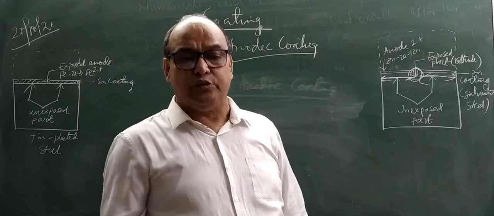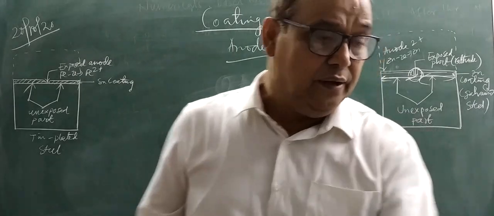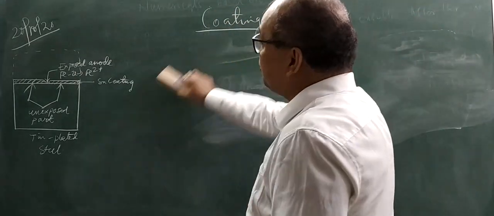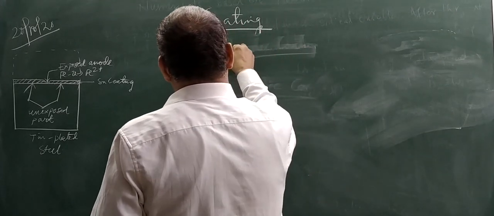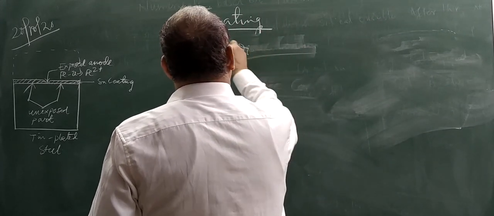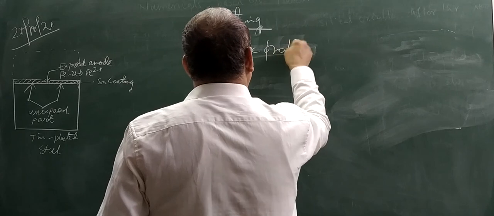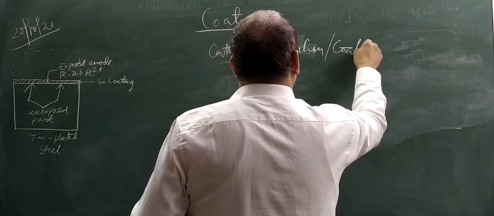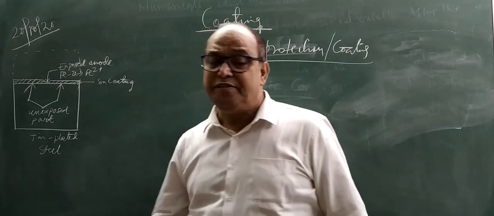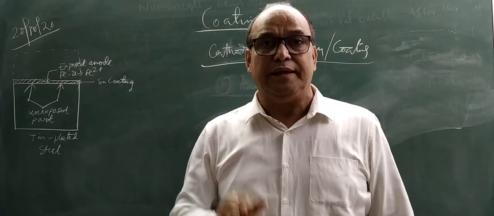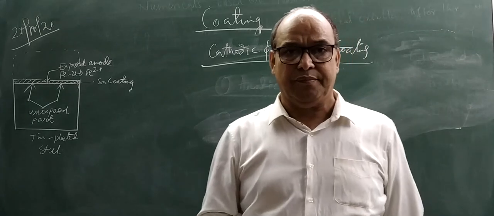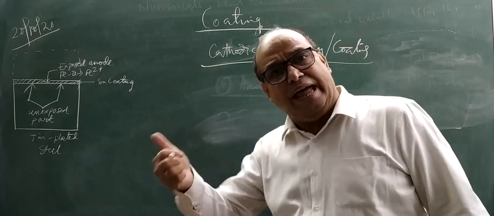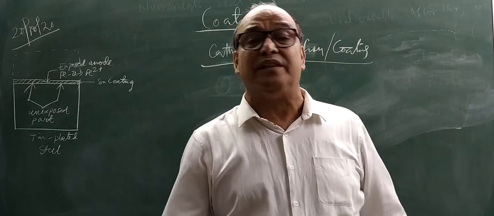Now we'll be talking about cathodic protection. Here the principle is just opposite. Cathodic protection or coating. Here the principle is that the material being used will have higher electrode potential than that of the base metal, that is iron.